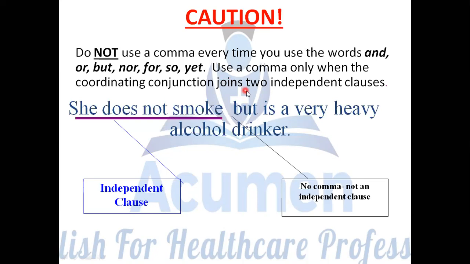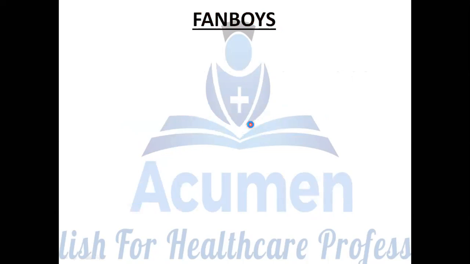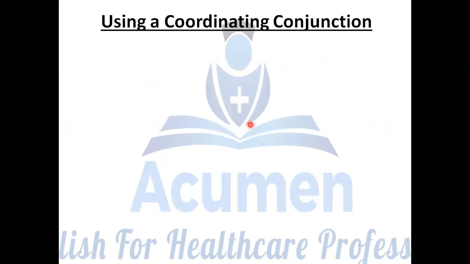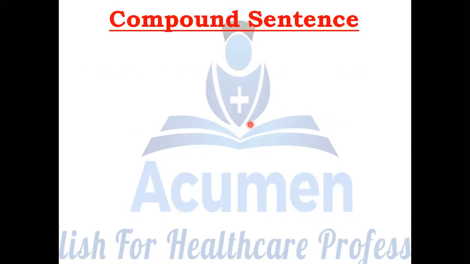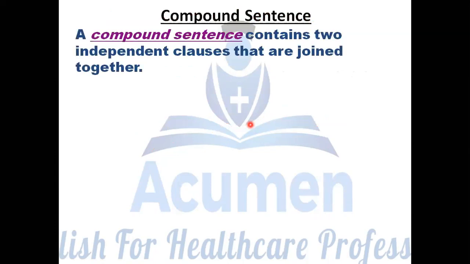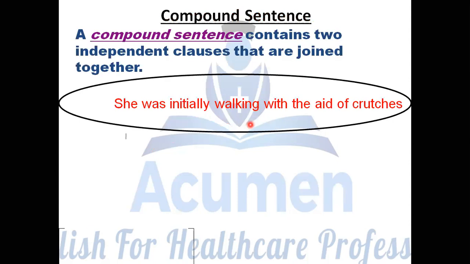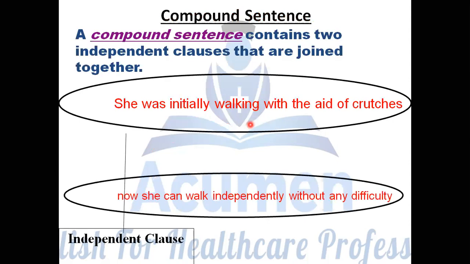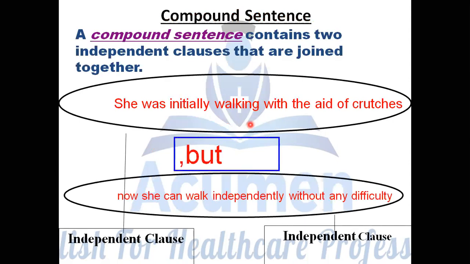So when you have cases where you have two different tenses, or two different subjects, that is when you frame a compound sentence. Because here you have no restriction of tense or of subject.